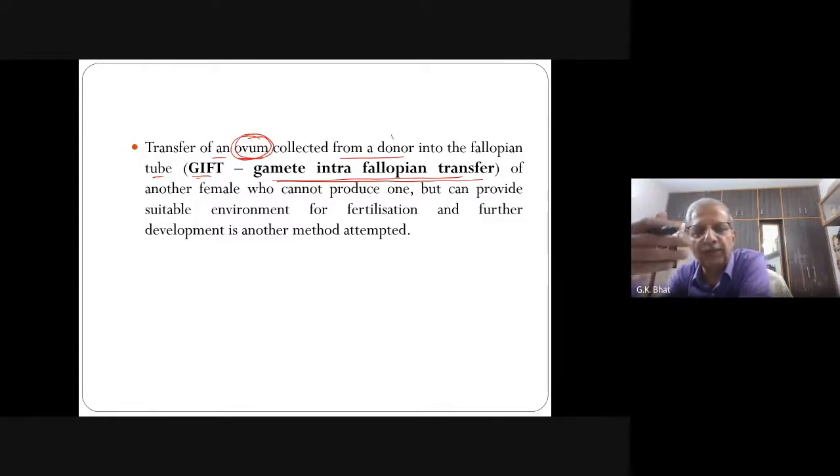When a woman cannot produce her own ovum, someone's ovum is put into her fallopian tube. This is GIFT, for another female who cannot produce an ovum but can provide a suitable environment for fertilization and further development.